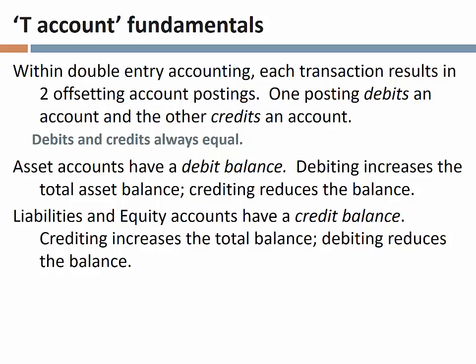The big thing you'll have to keep track of here, and students come up with lots of different mnemonics or study aids to help with this, and maybe some of you would want to share those with your classmates as we go along, is the native balances of particular accounts. Asset accounts have a debit balance. Liability and equity accounts have a credit balance, which means that if I credit a liability account, I'm increasing the obligation.